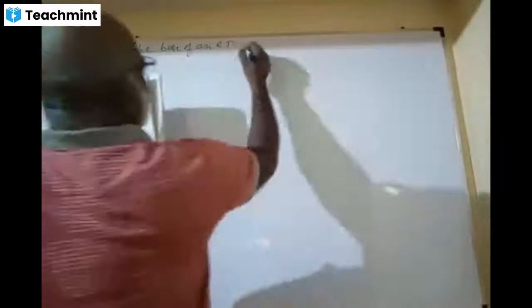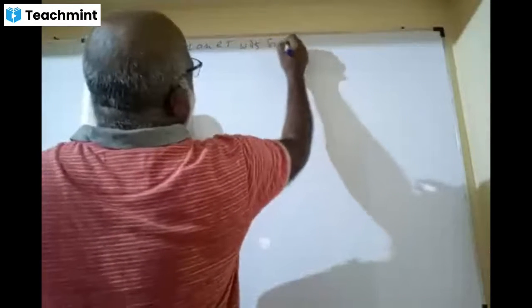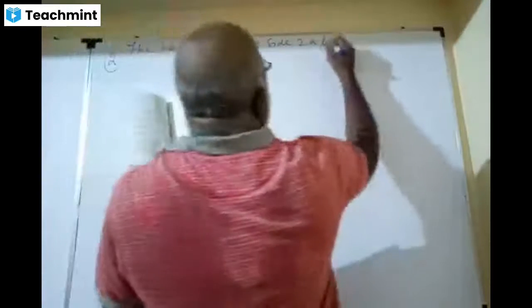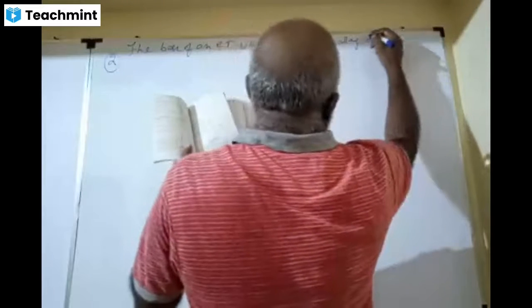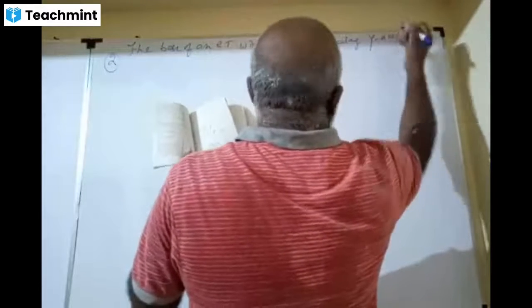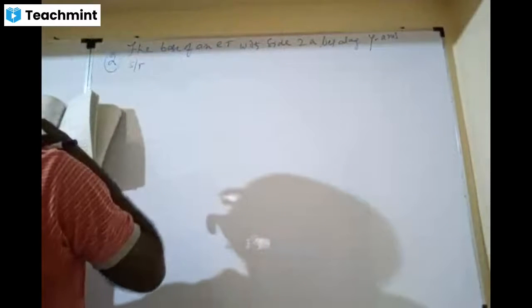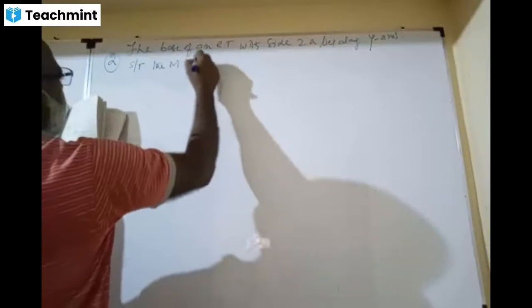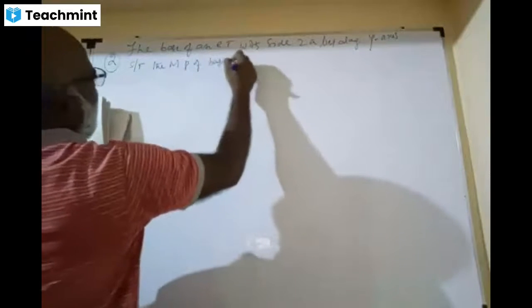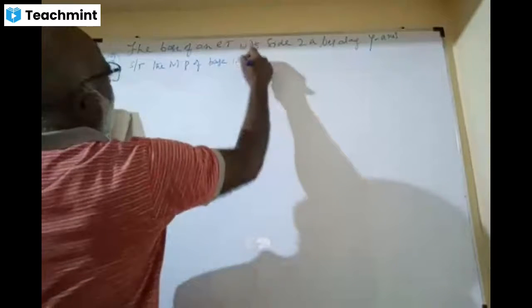The base of an equilateral triangle with side 2A lies along the y-axis such that the midpoint of the base is the origin.